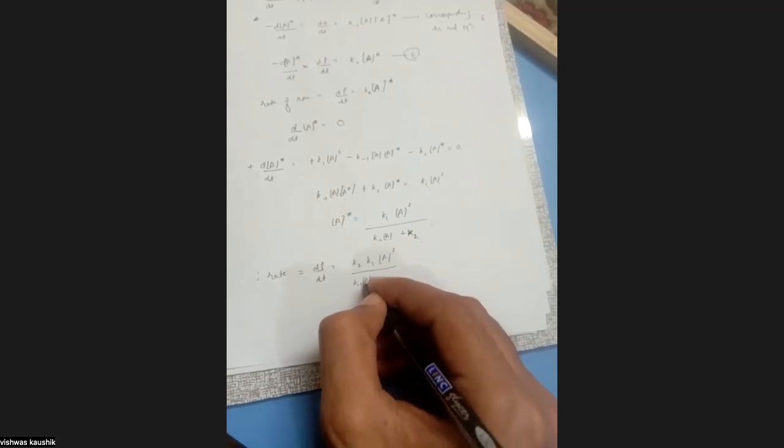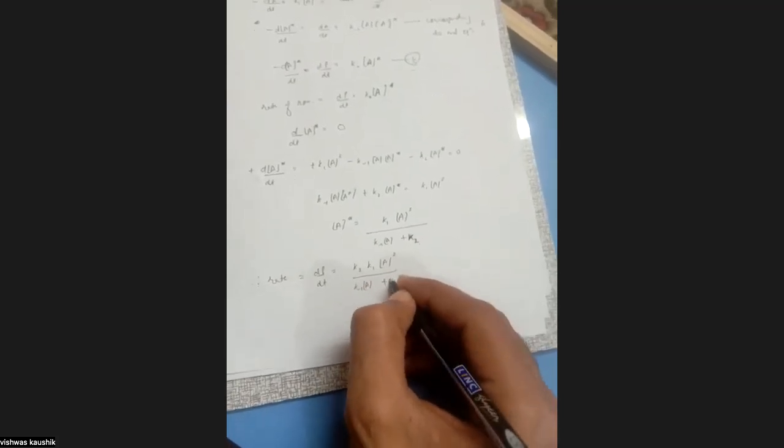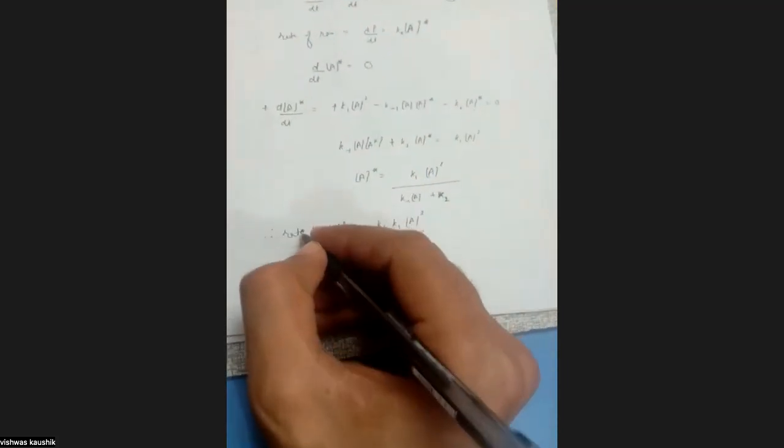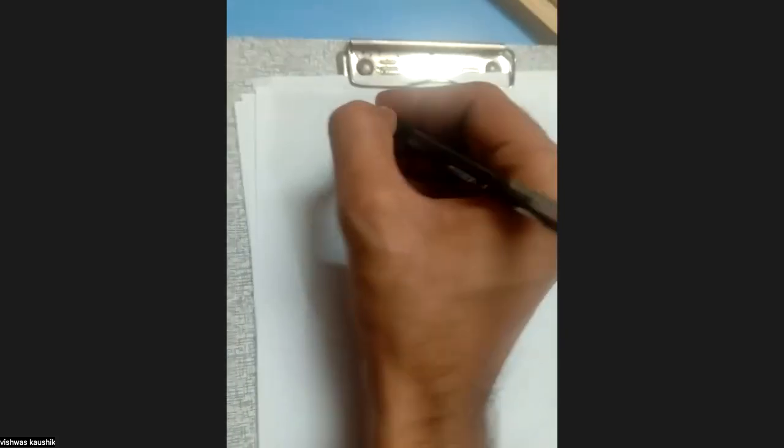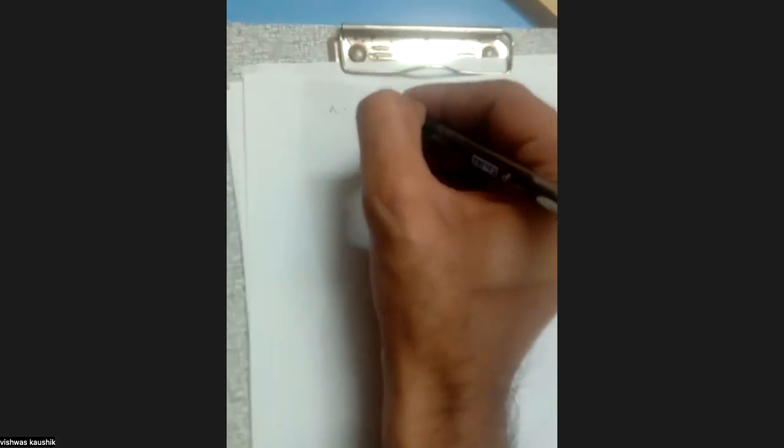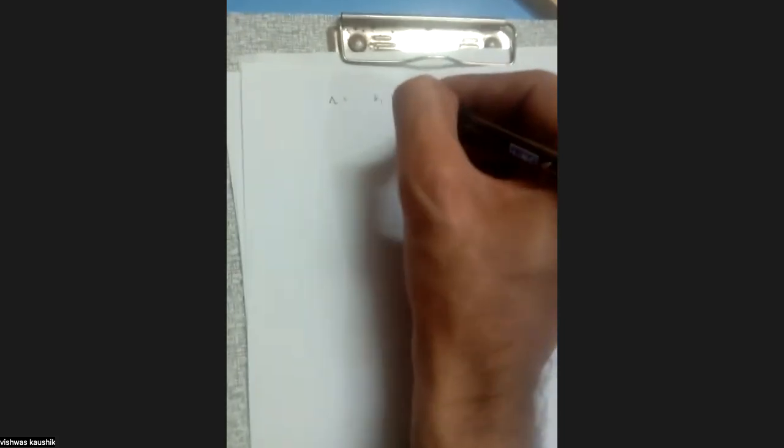So this is the rate equation for the unimolecular theory. Now the rate is equal to K1 K2 A square upon K minus 1 A plus K2.